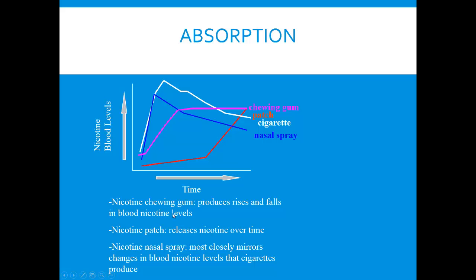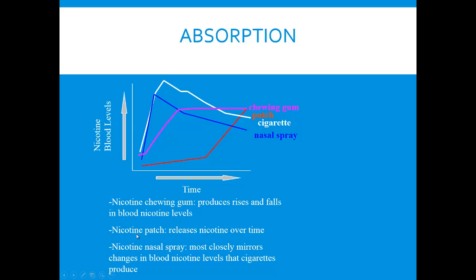This is the same thing if you have an individual that's chewing a piece of gum, it wears off, and then you chew another piece of gum. Now, the important thing here is to understand that this produces rises and falls like a cigarette would, but it does not produce the same levels that a cigarette would. Okay, and so if you look at the graph, you can see that.